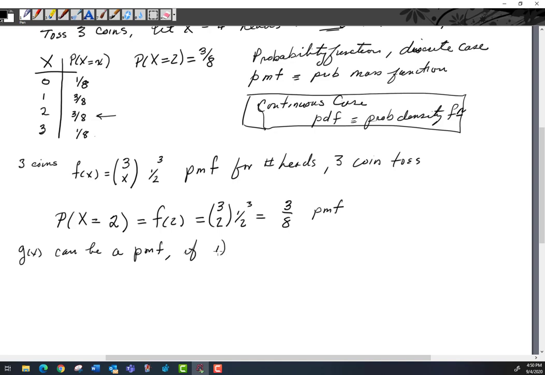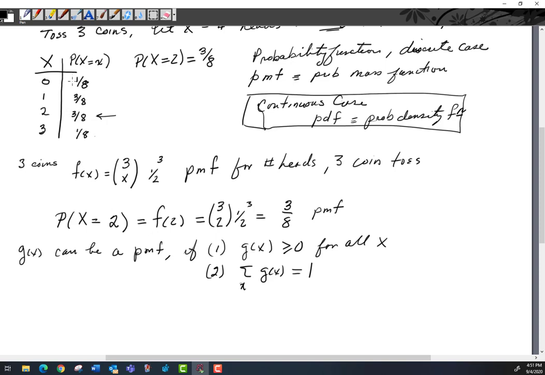If 1, g of x is greater than or equal to 0 for all x in the range of the random variable, and 2, sigma g of x is equal to 1 when I add over all the x's again in the range of the random variable x.